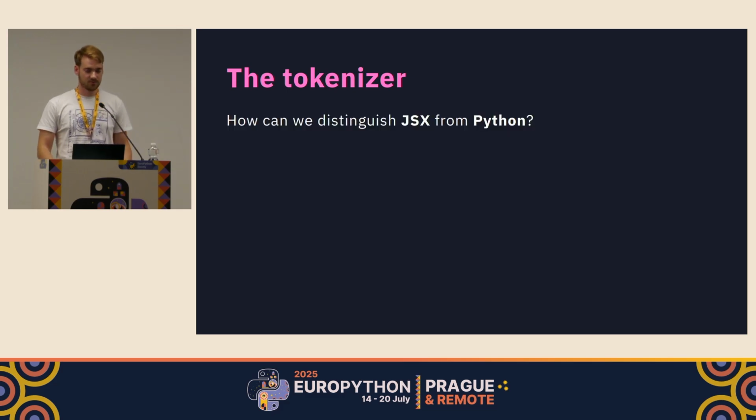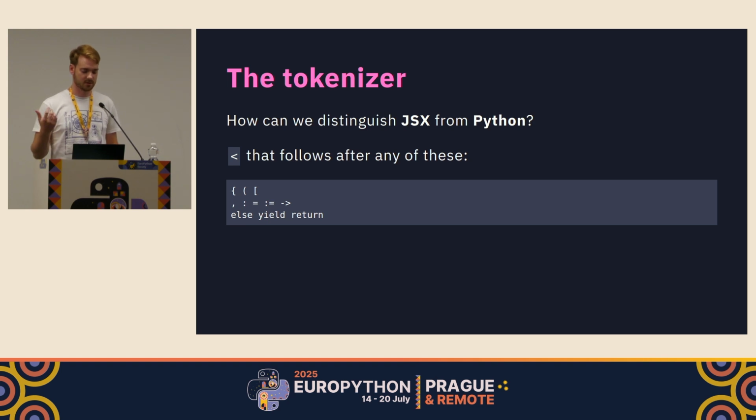Now, if you are wondering how we can actually distinguish at the tokenizer level all the JSX from Python, because an angle bracket is also a token in Python, it's actually very simple. The way we do that is if we see an angle bracket, and it follows any of these tokens or keywords, we know it's JSX. To give you an example, if the tokenizer sees a return keyword and then an angle bracket, no matter what you put after, it's never going to be valid Python anymore.